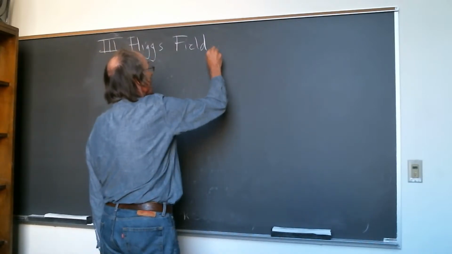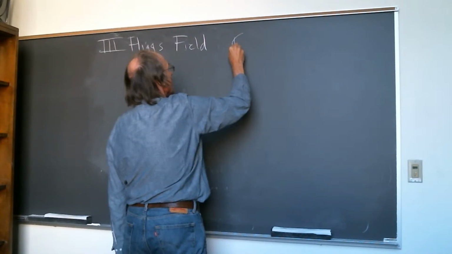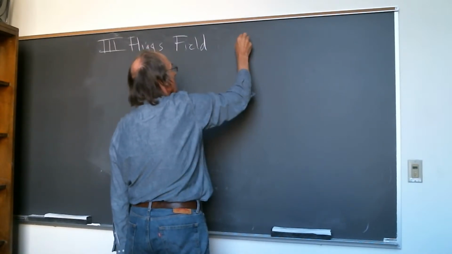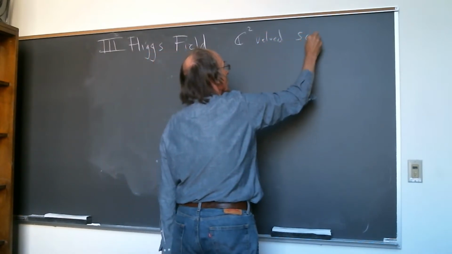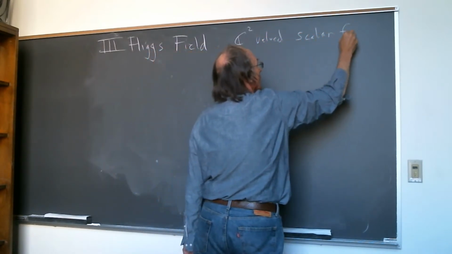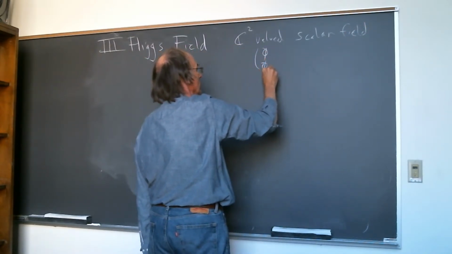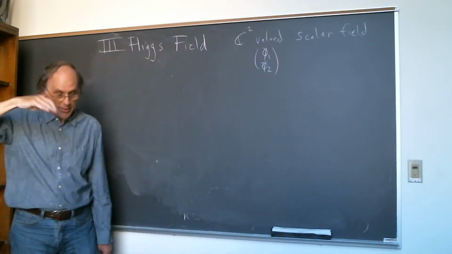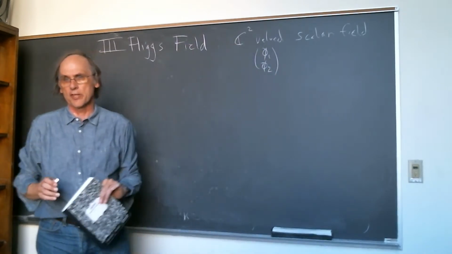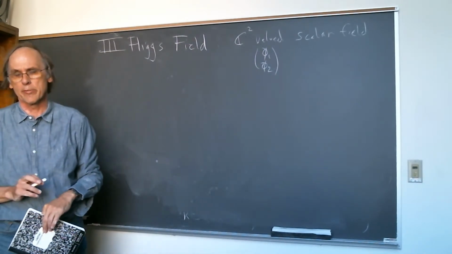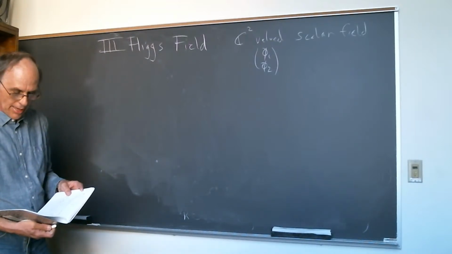So if you like, you can think of it as a pair of scalar fields, except they're not the real scalar fields we started with. You have to allow them to be complex numbers.